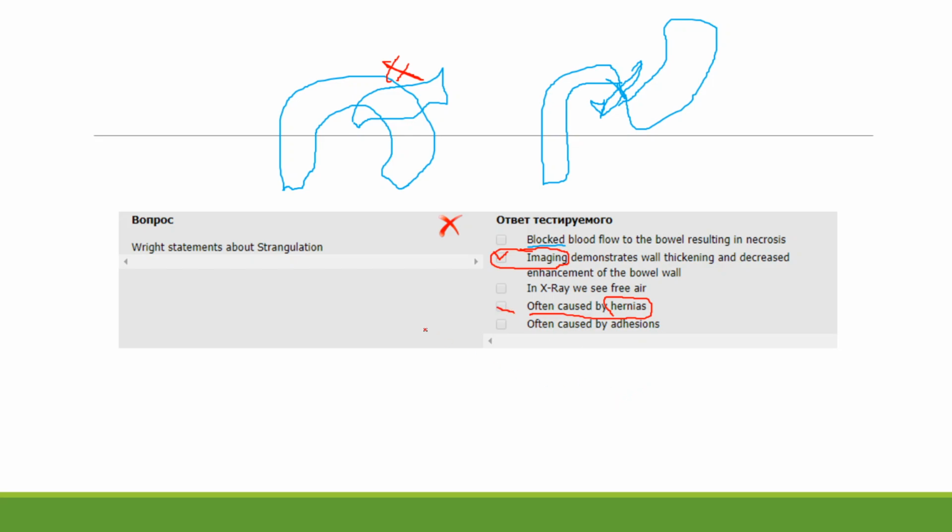Not right. And if we talk about X-ray, we see free air, it's not right, because there is no free air before our bowel is damaged. Damage, and then gas will go away. It isn't right.